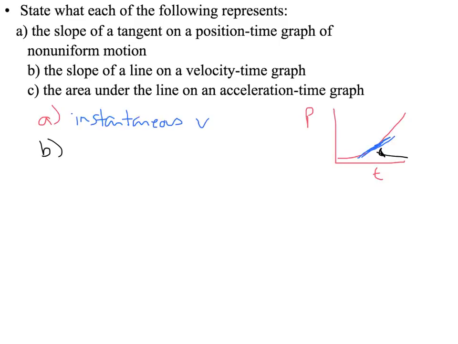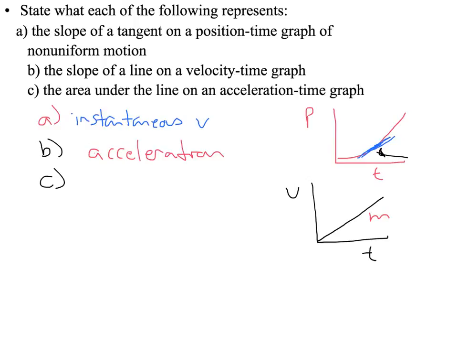B. The slope of a line on a velocity time graph. Velocity, time, and we'll do some uniform motion. The slope right there is going to represent the acceleration of the object.